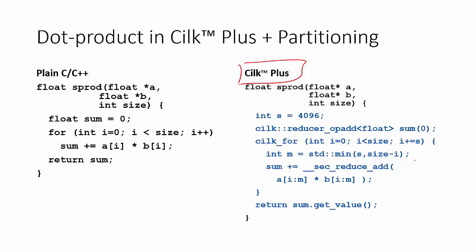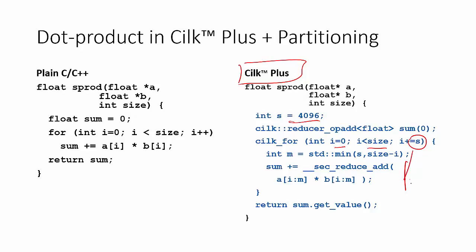We do the reduction here, but then we do threading here, and we do a for loop that goes from 0 to size, as before. And then we specify that we do chunks of 4096, so that's specified here, 4096 elements that we vectorize over.